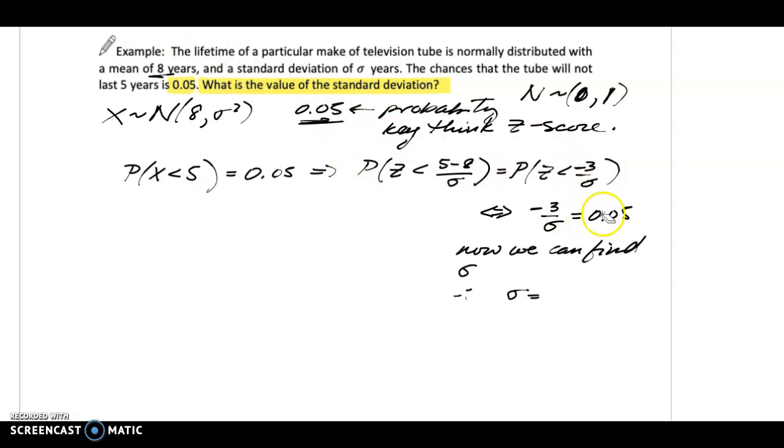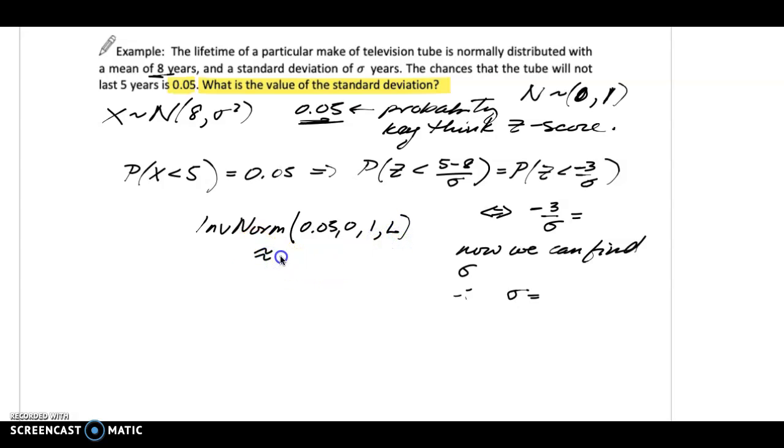Put in your inverse. So inverse normal of 0.05, with mean 0, standard deviation 1, because you need to have that, and left.